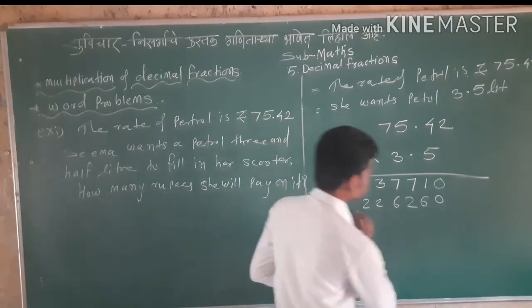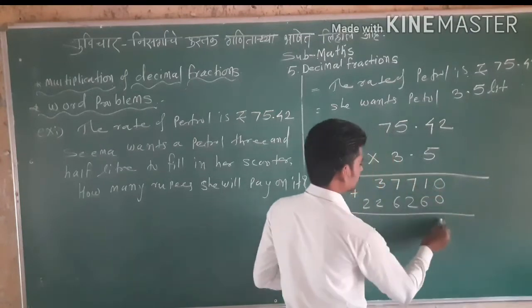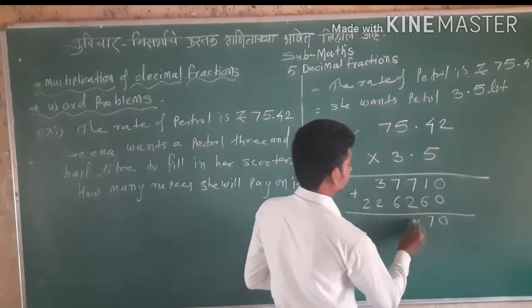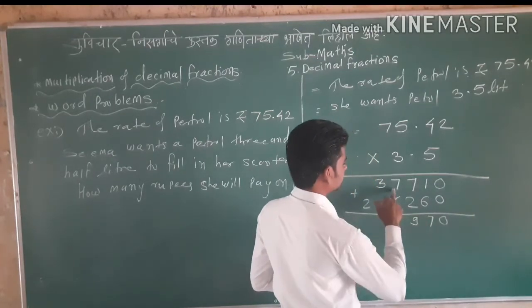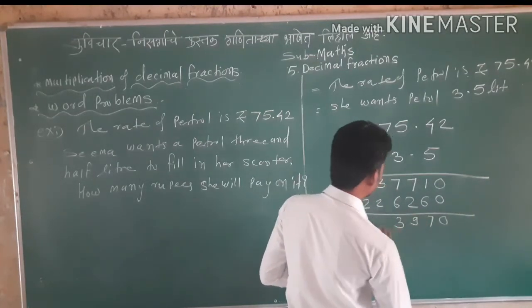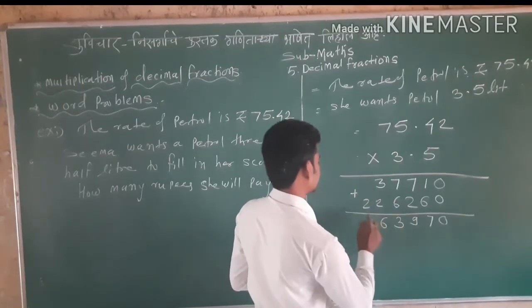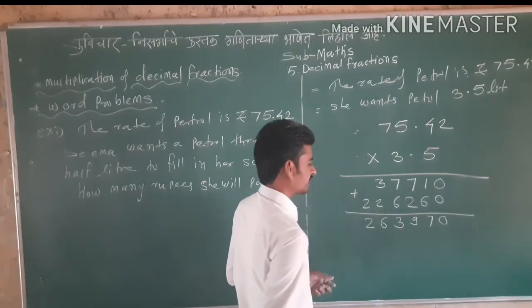Addition: 0 plus 0 0, 6 plus 1 7, 2 plus 7 9, 6 plus 7 13 carried over 1, 2 plus 1 3 plus 3 6, 2 as it is.